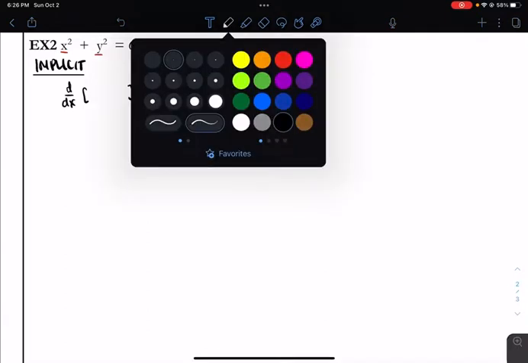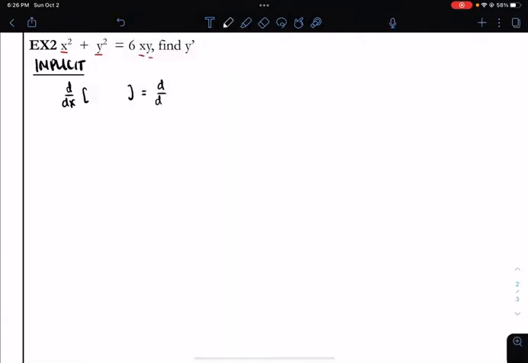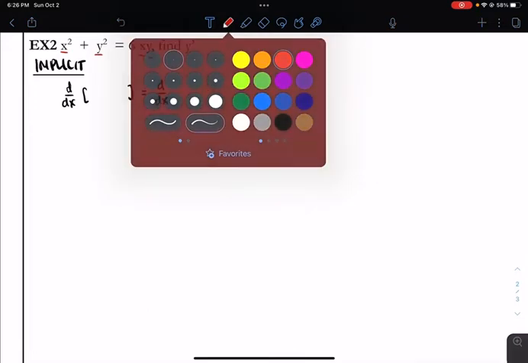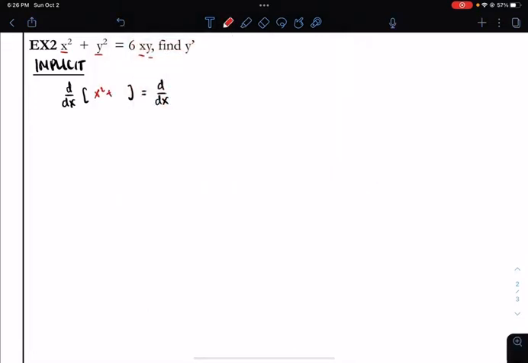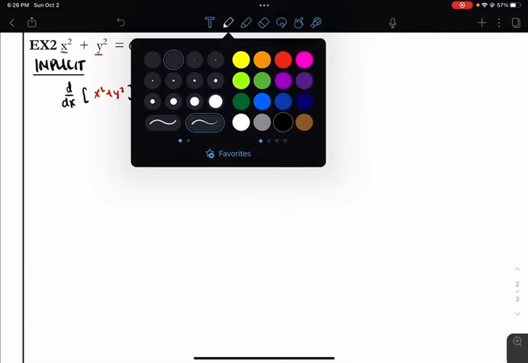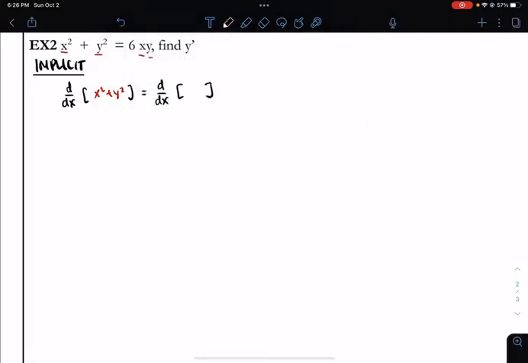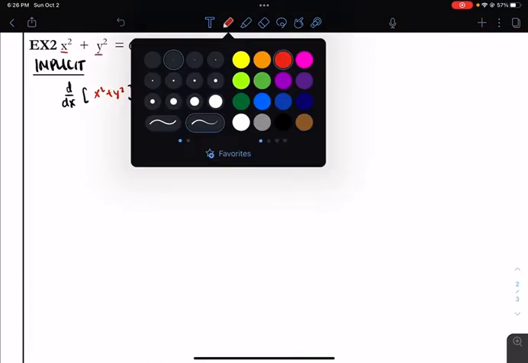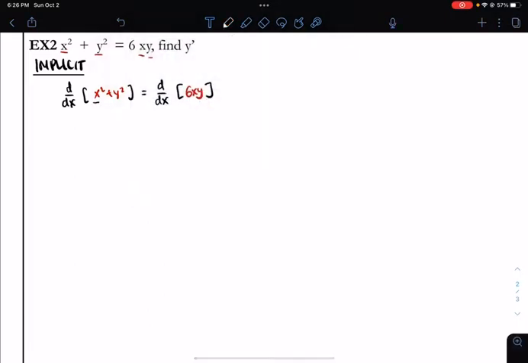Now, if we want to take the derivative on both sides, in here it's x squared plus y squared, and on the right side is 6xy. So we're going to use a combo of power rule and product rule.